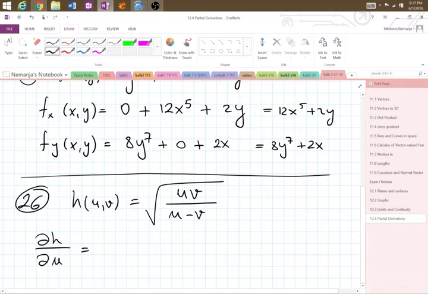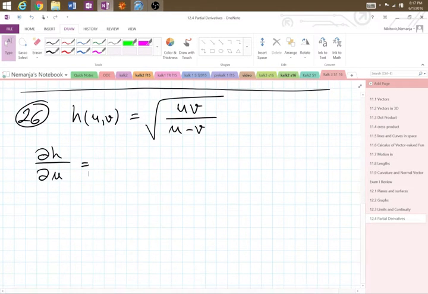All right, guys. Let's take a look. So, we have the partial derivative with respect to u. So u is the variable, and v will be a constant.